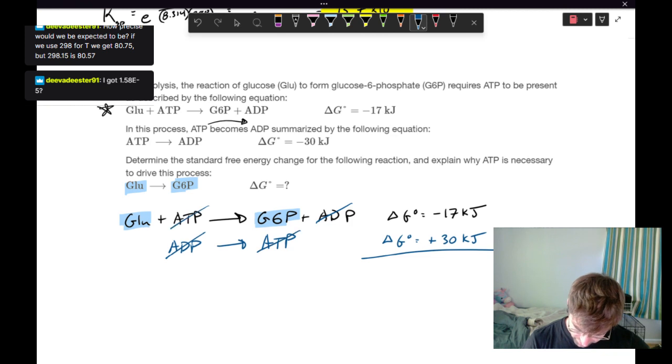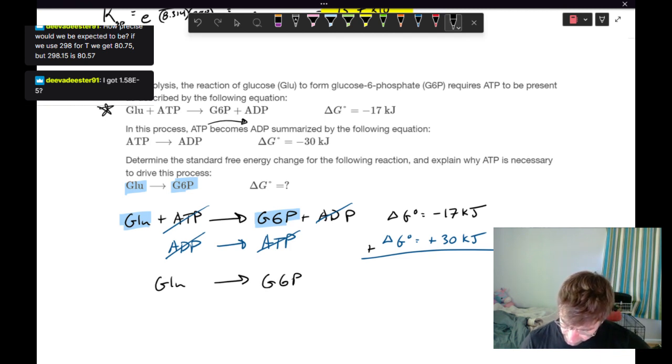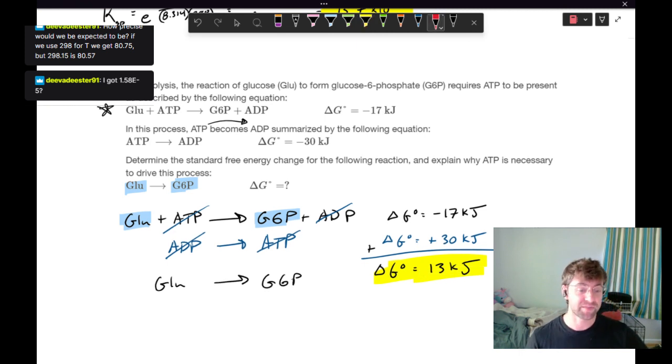ADP cancels out, ATP cancels out. Now we simply sum these because all we're left with is our glucose and G6P. Negative 17 plus 30 gives us a standard Gibbs free energy of 13 kilojoules. This being a positive number means that it's non-spontaneous.